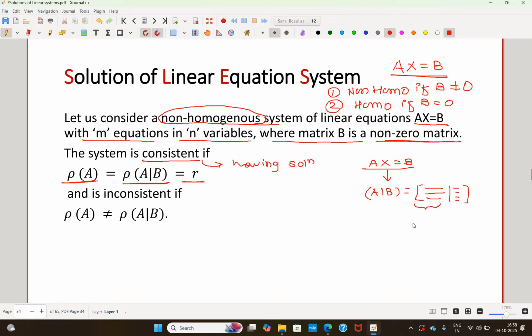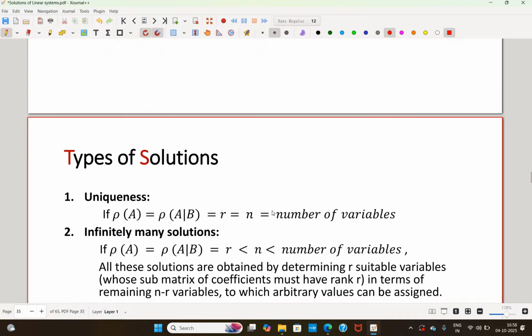This matrix gives you rank of A, and the entire matrix gives you rank of AB. So if both ranks are equal, and equal to a certain R, then the entire system is said to be consistent. And if the ranks are not equal, then the system is said to be inconsistent, meaning it has no solution. Okay, let us proceed further.